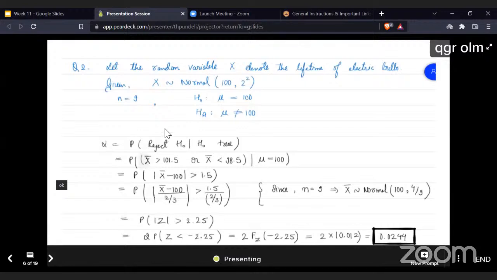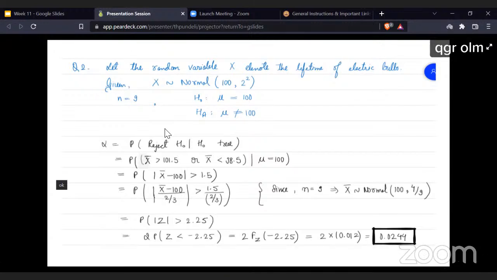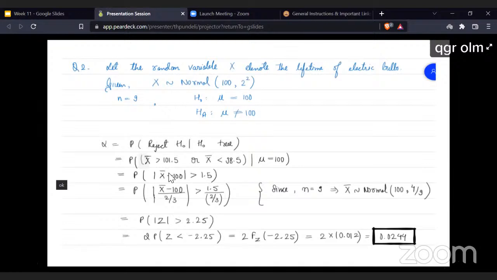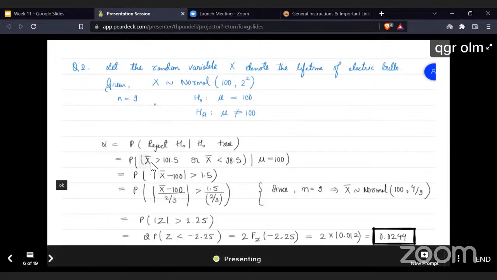If we are taking our test statistic to be X bar, X bar should be greater than 101.5 or X bar should be less than 98.5, because between 98.5 and 101.5 was our acceptance region. So anything less than 98.5 or anything greater than 101.5 is going to be a rejection region.